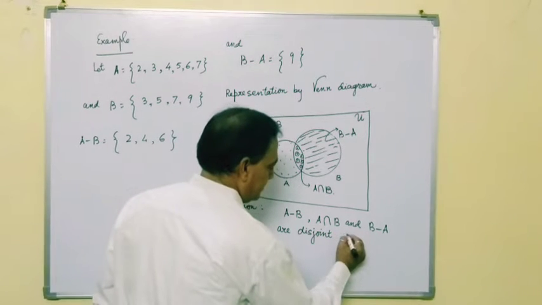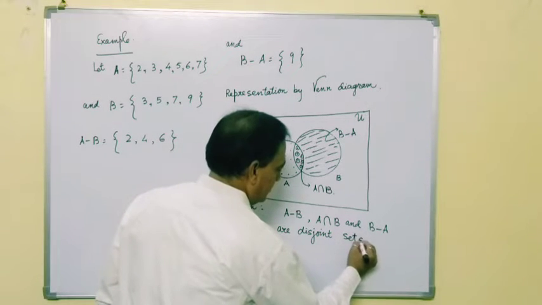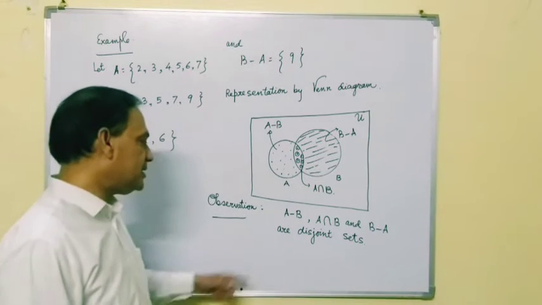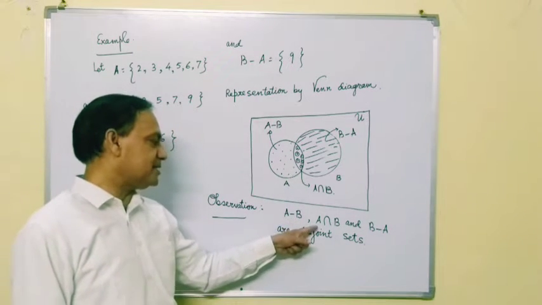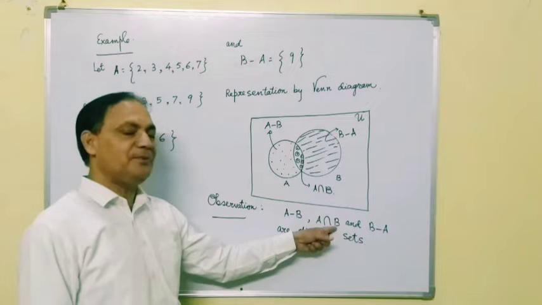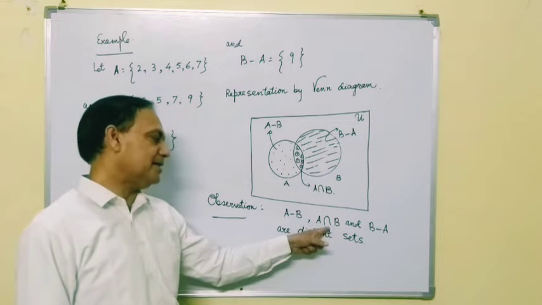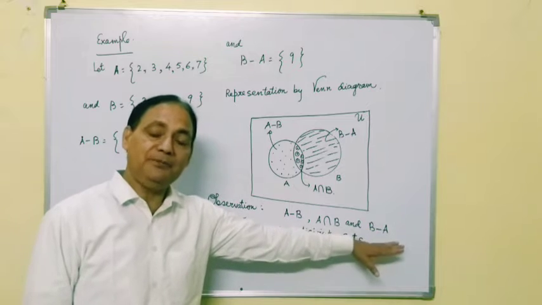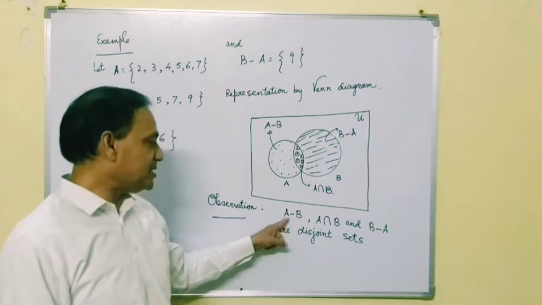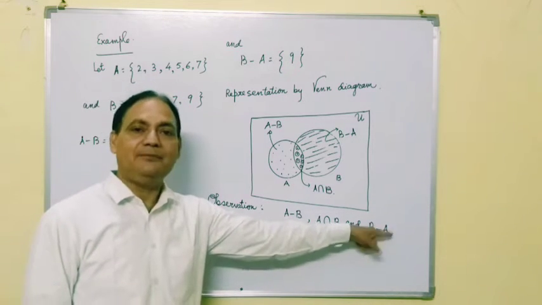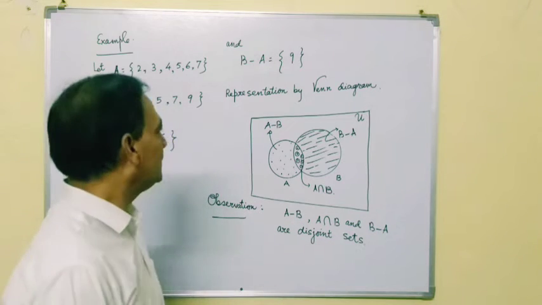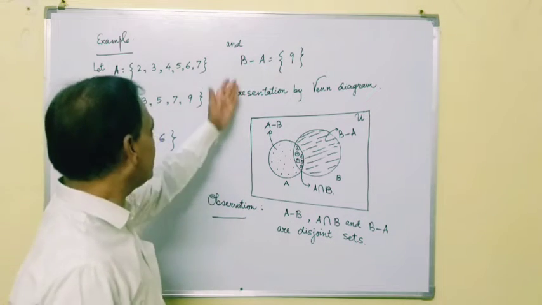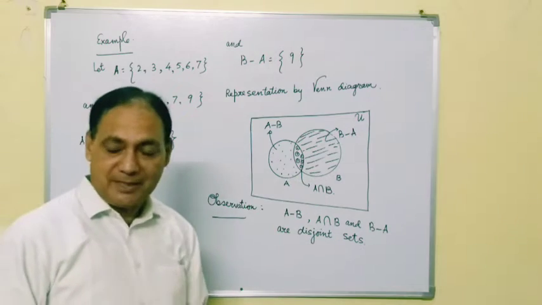Disjoint sets means A minus B intersection A intersection B will be equal to phi. A intersection B intersection B minus A will be phi. A minus B intersection B minus A will be phi. So this is about difference of sets.